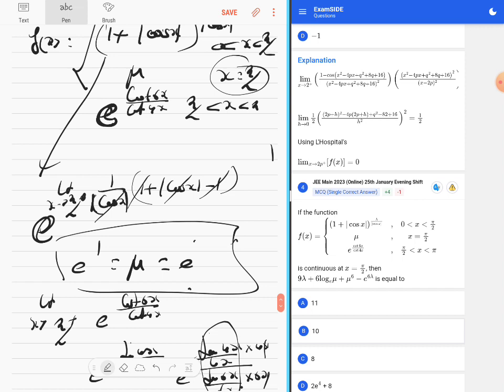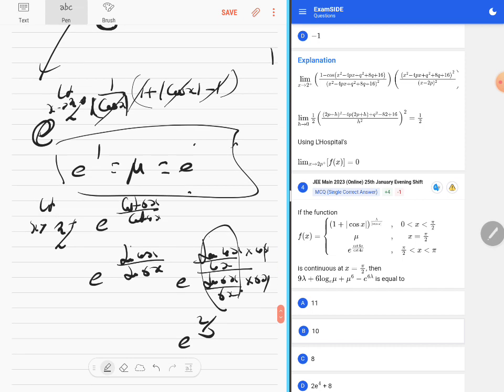So you get limit of x tends to pi by 2 e to the power 1, which is equal to mu. Right limit, I'm making a mistake: tan 4x by tan 6x multiplying and dividing by 4x and 4x, 6x and 6x. So next gets cancelled, 2 by 3. What? I'm getting different limits for the left and the right.